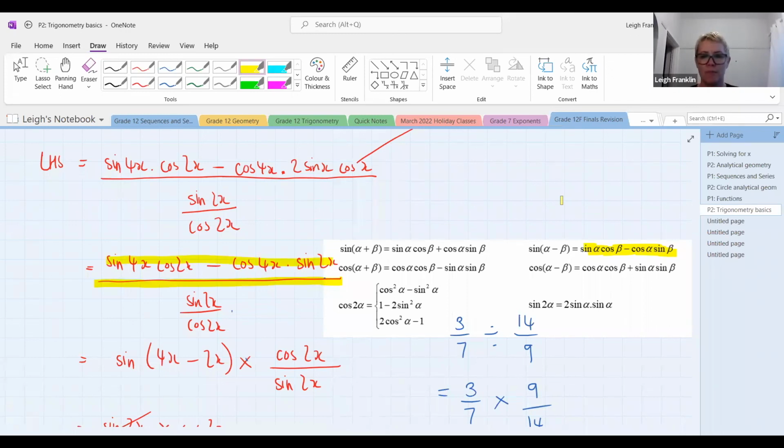When you compare them, it's exactly the same thing. So if we see what we have on the right-hand side, it allows us to go back and do this. And that's exactly what I was doing here. I was going from the expansion to the reversal of the expansion. So in other words, I'm applying this. Like here you can see sine alpha minus beta. I've gone sine 4x minus 2x. Does that make more sense, Bonolo?